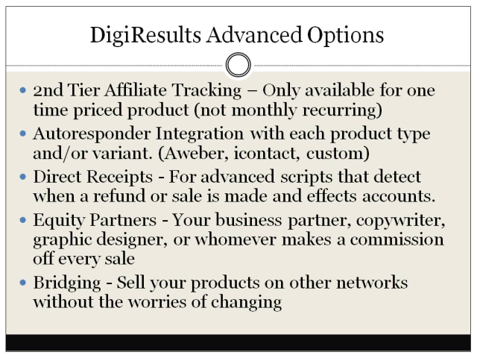For example, if your product is on different affiliate networks, you can put it on DigiResults and bridge it so that if somebody makes a sale on pay.com or JVZoo, it still bridges with DigiResults, and you don't have to worry about taking your product off the other affiliate networks. That's a really cool feature that is part of DigiResults.